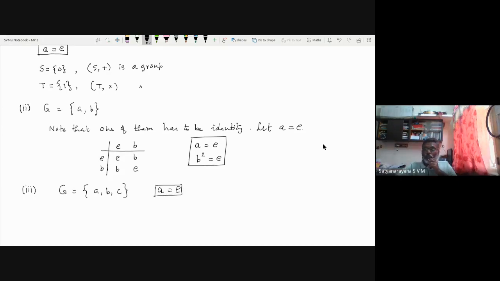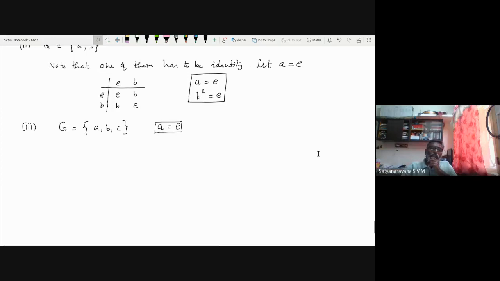And then let us take the help of the rearrangement theorem and the group multiplication table. Suppose I have A, B, C here, and then I have A, B, C here. We call this identity, so this will be E, B, C. This is also B and this is also C.